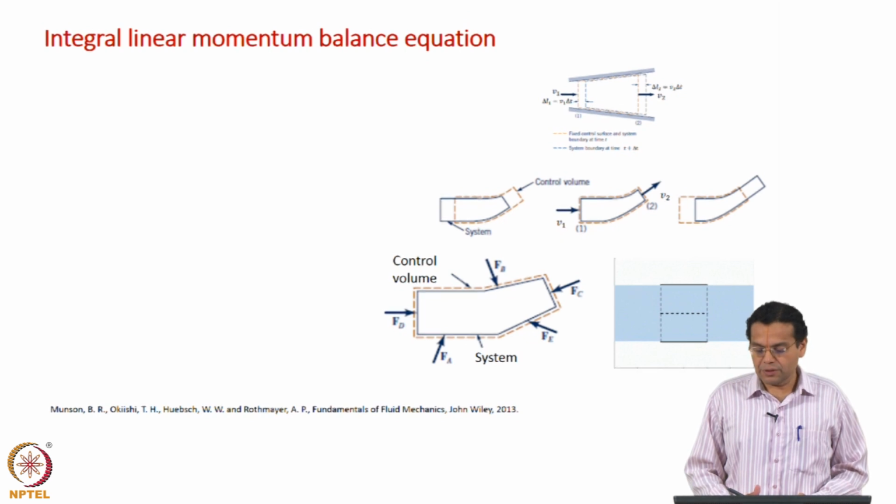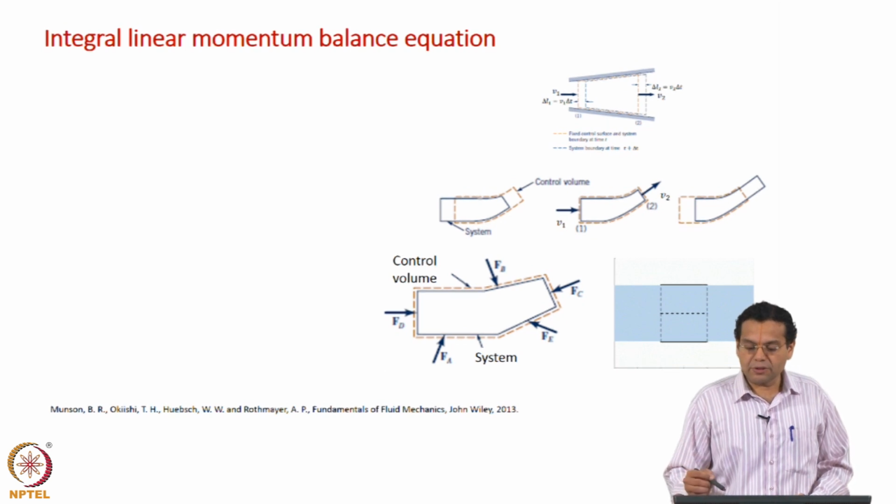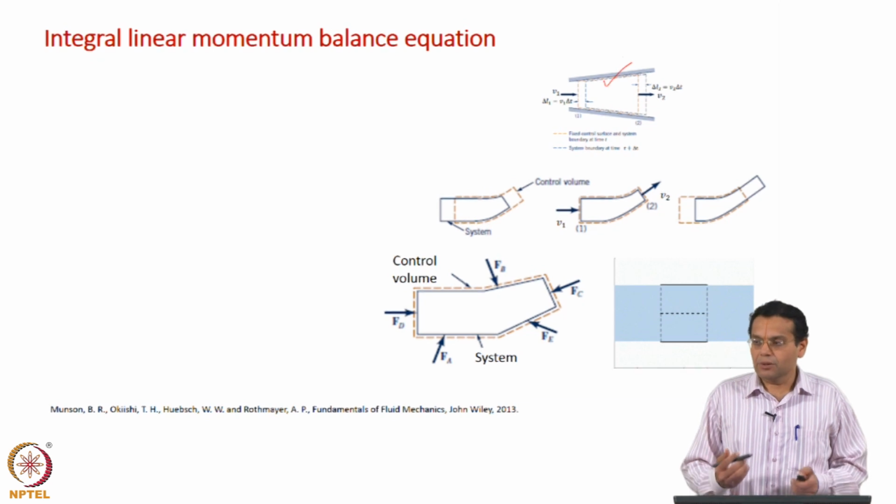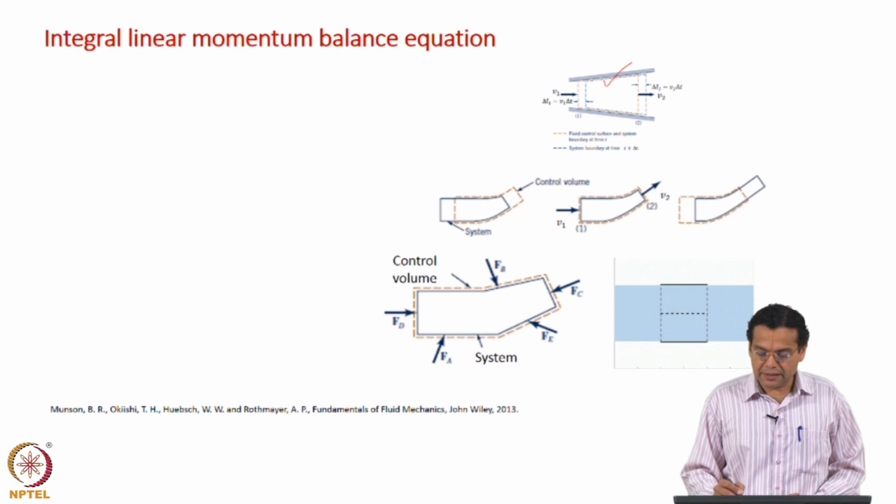So, how do we do that? We use the concept of coincident system and control volume. We have seen this a few times. In the derivation to begin with, we took the control volume and system to be coincident with each other at every instant of time. That is shown in a different way in these three diagrams.